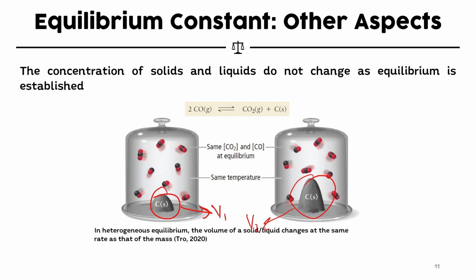Solids and liquids are not able to do that because they are what we call condensed phases in nature, and they have a defined volume. So this is not applicable here, and thus they will not induce any change in the equilibrium once that chemical equilibrium is established.